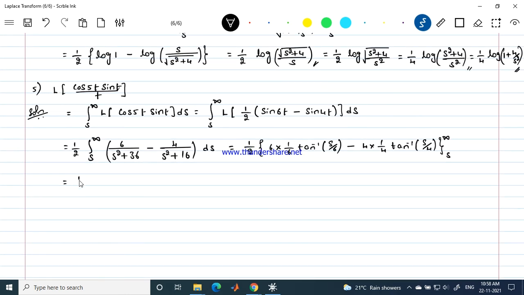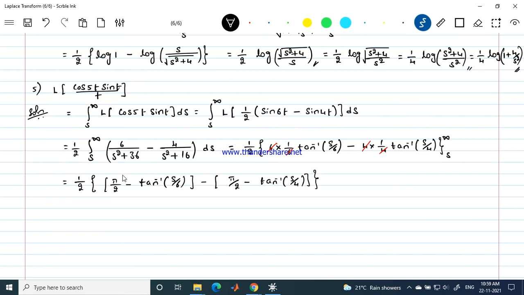So this is equal to 1 by 2 times, the 6 cancels, the 4 and 4 cancel, for the upper limit tan inverse of infinity, that's pi by 2, minus tan inverse of s by 6, minus, once again, pi by 2 minus tan inverse of s by 4.